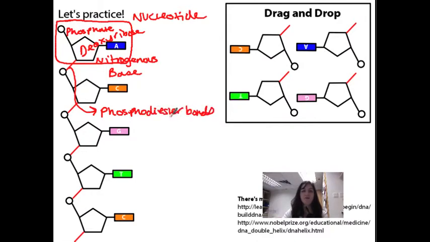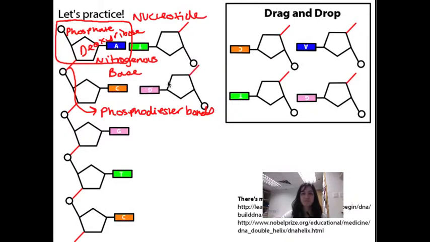Okay, how do we make the anti-parallel strand to this DNA? Let's have a look. Well, we've got adenine here, and because of complementary base pairing, adenine will only pair with thymine. We've got cytosine here, which only pairs with guanine. We've got guanine here, which only pairs with cytosine.